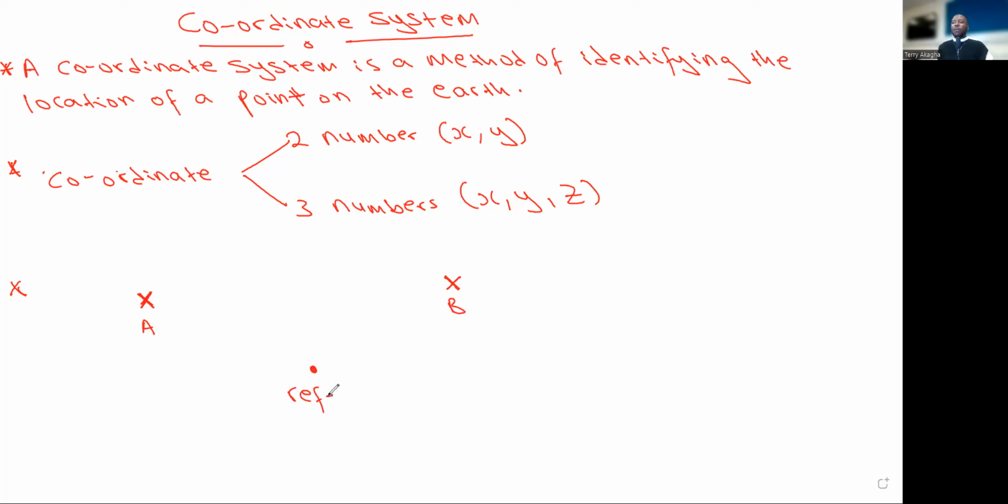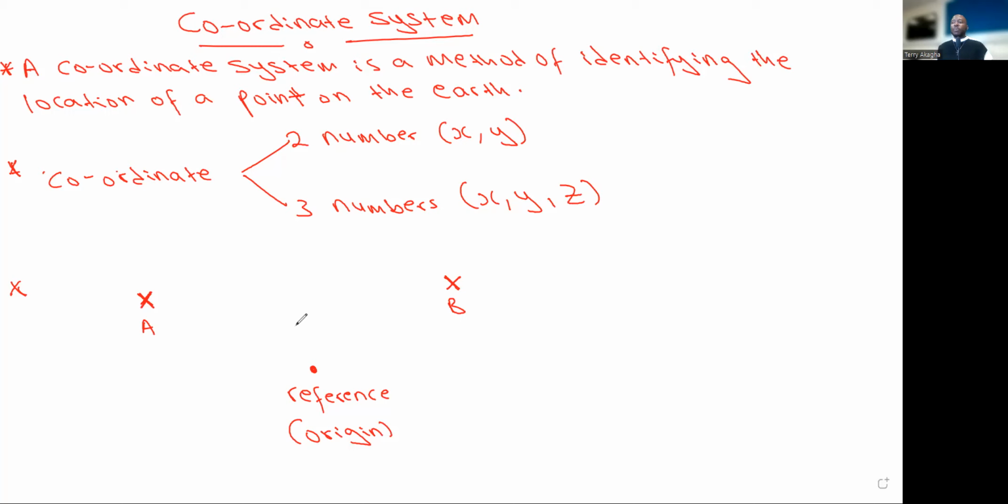So that means for us to have a coordinate system, we must have a what? A reference point. And this reference point is what we call the origin, okay? So the coordinate system tries to identify a particular point, like point A and point B, from a reference point. And this reference point is called the what?